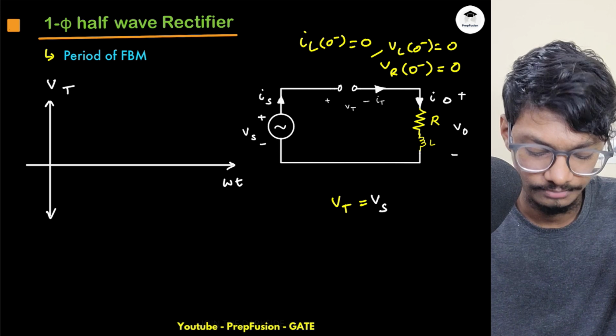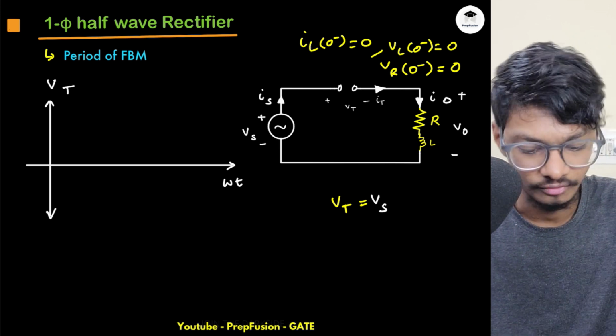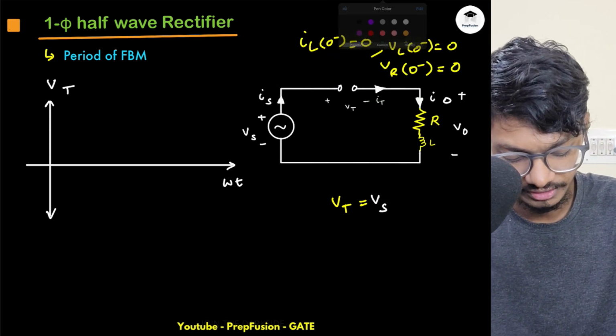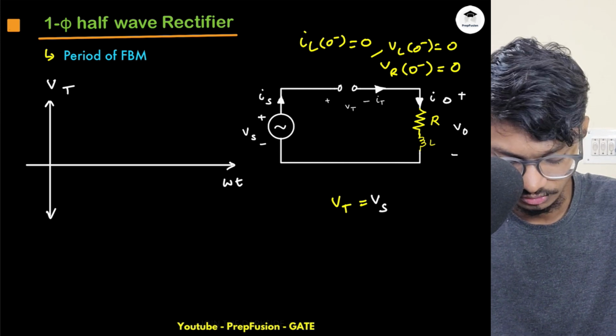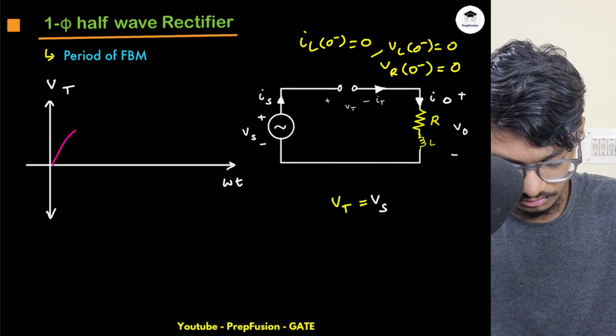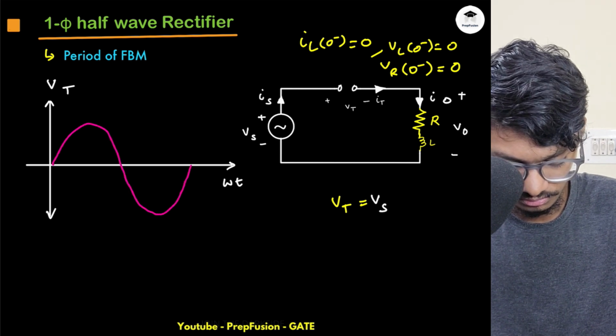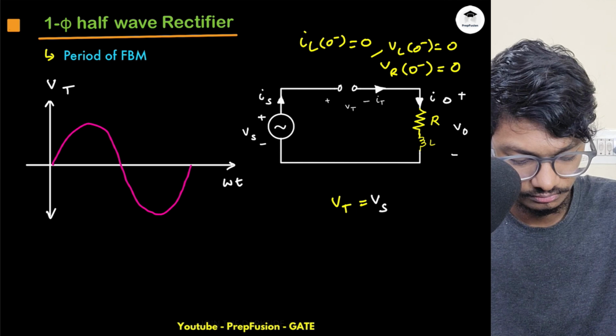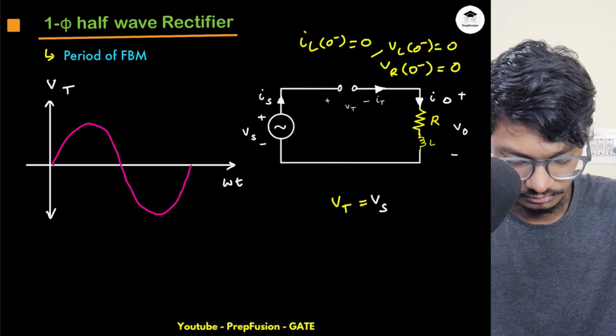Now what can I say about the VT waveform? VT waveform will be sinusoidal, and you can draw it roughly.